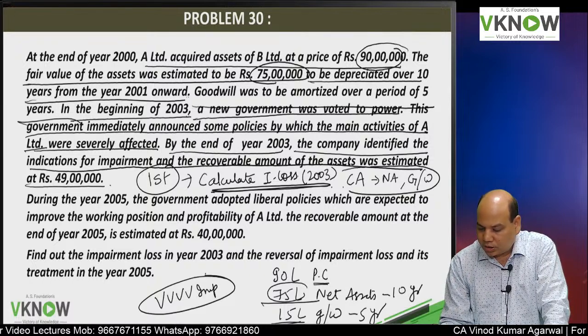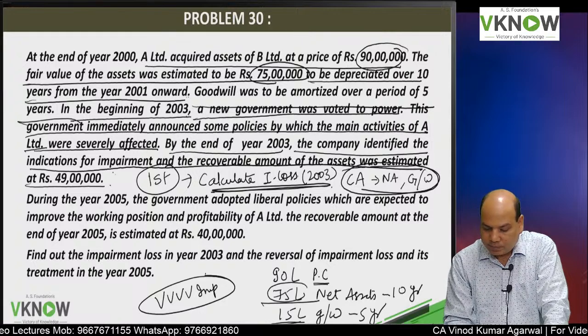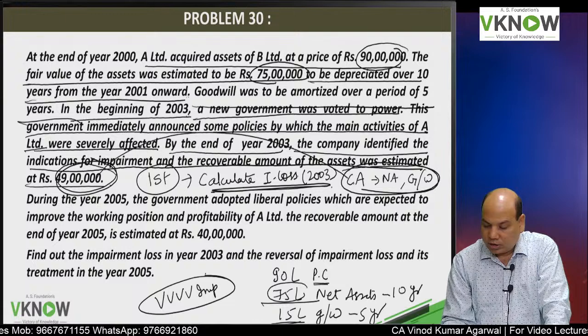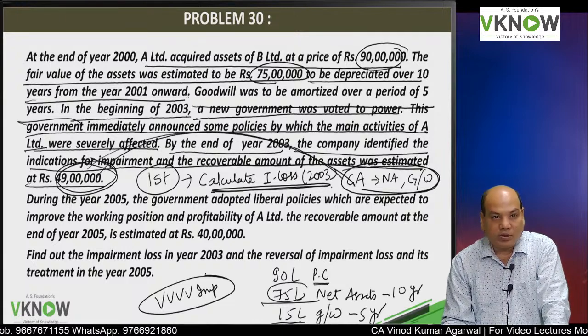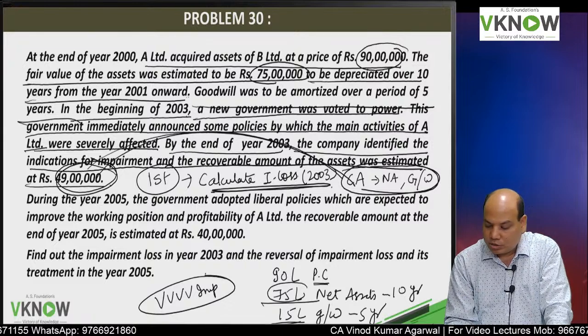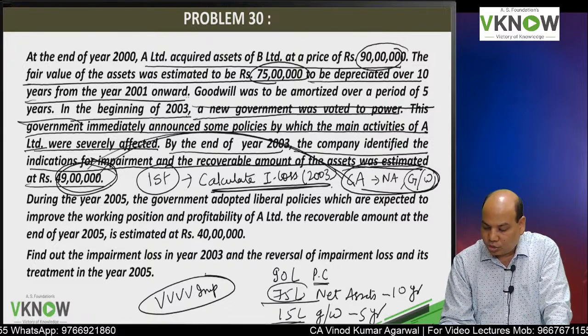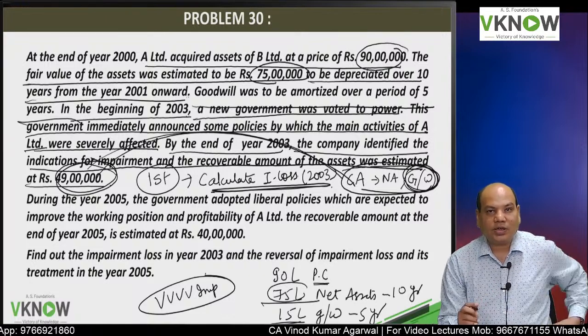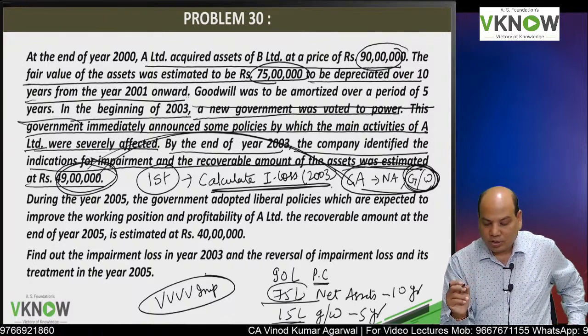After computing the carrying amount, compare with the recoverable amount of 49 lakh. Carrying amount versus recoverable amount. If recoverable amount is lower, there is an impairment loss. First adjust against goodwill. Balance, if any, adjust against net asset.